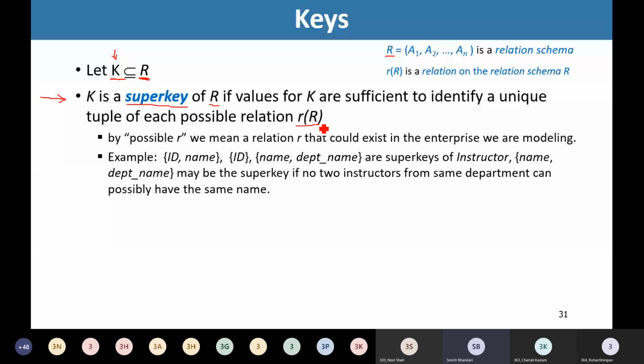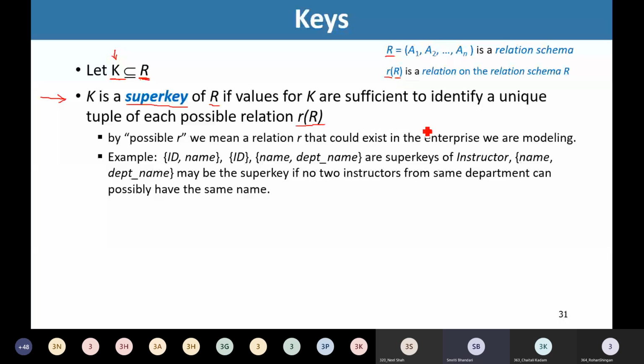So whatever my relation schema may be, at several instances of time I may have several relation instances, small r. Based on this relation schema, capital R, I may have various instances of the relation r on that schema.